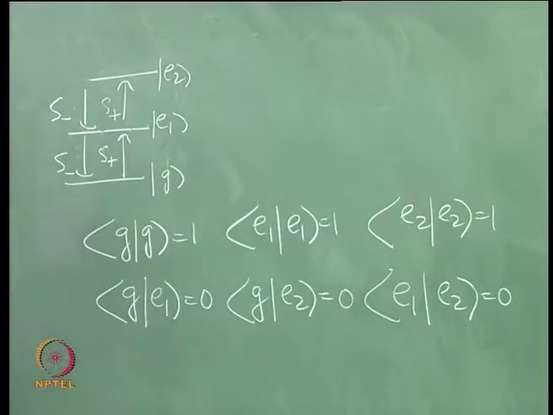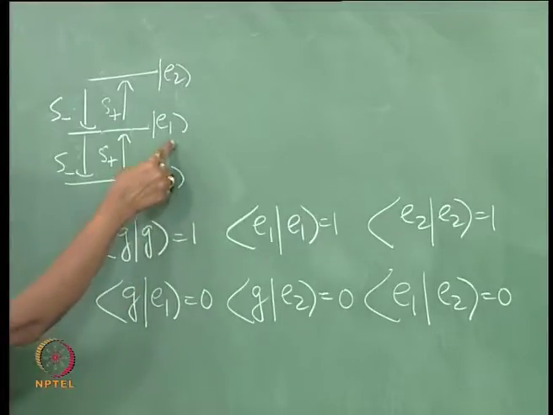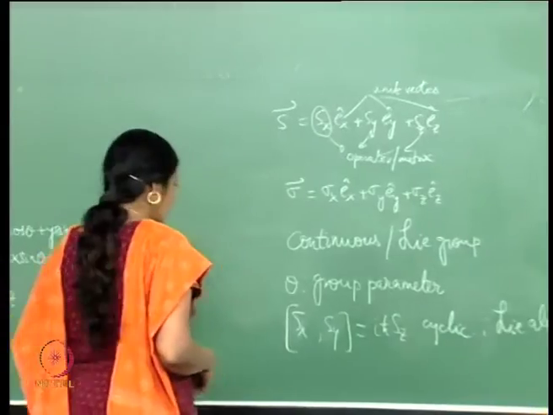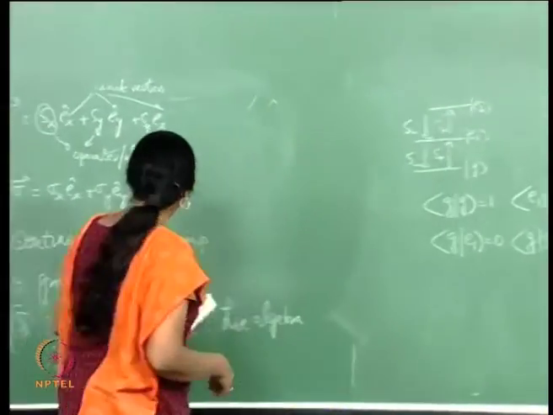So what are the operators that I can construct with the basis states G, E1 and E2, which could represent S plus, S minus and Sz? Now those are simply done.